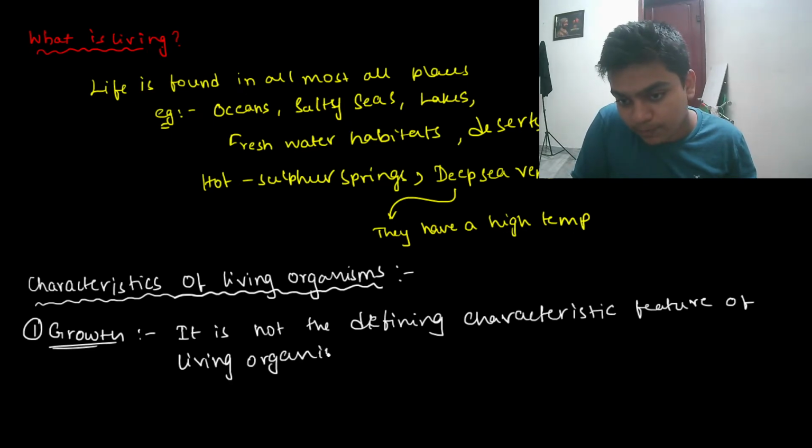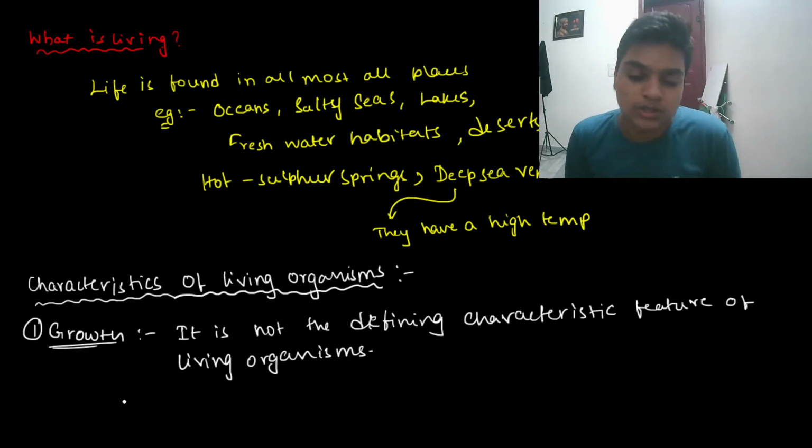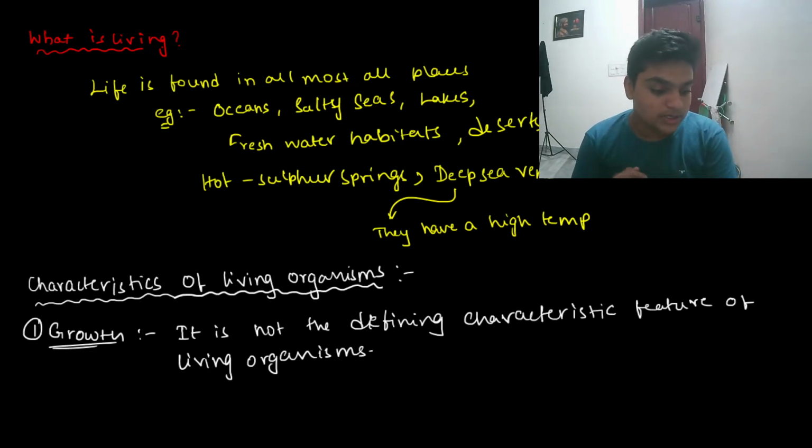Now you might ask me, first of all, what is growth? Growth is the increase in cell mass. In living organisms, it is the increase in cell mass. In non-living things, it is the accumulation of substances.